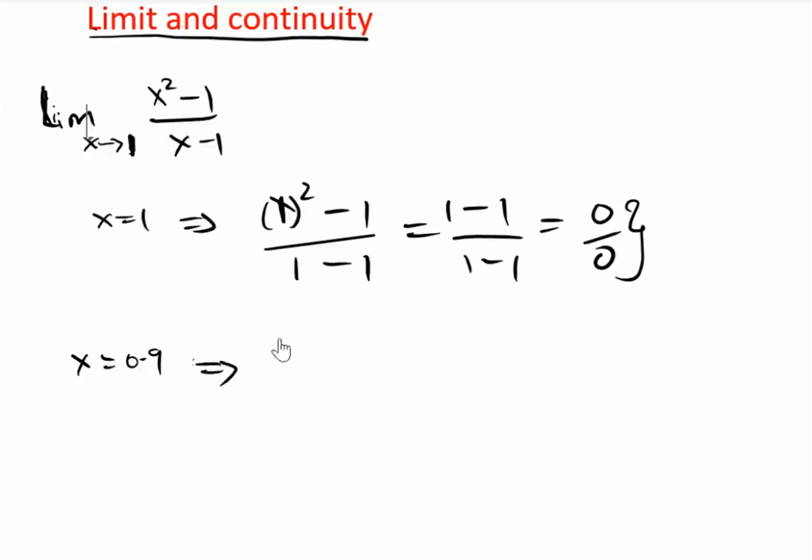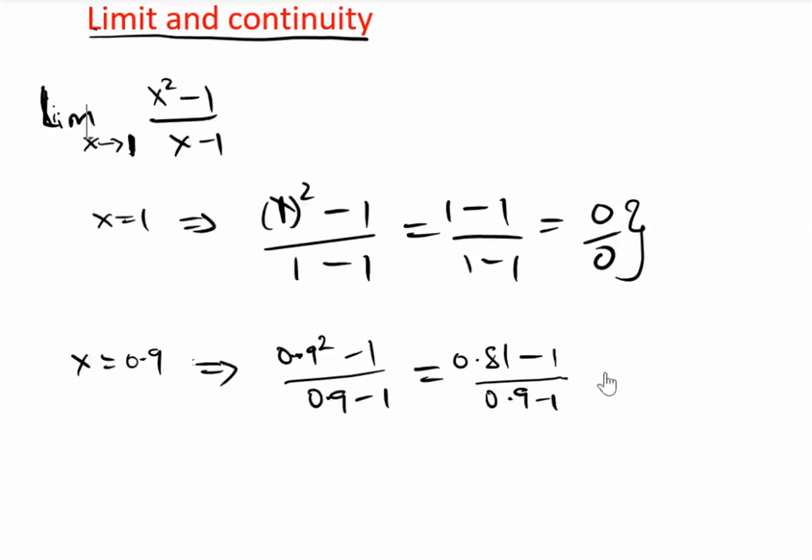This implies 0.9 squared minus 1 divided by 0.9 minus 1. 0.9 squared will give me 0.81, minus 1, divided by 0.9 minus 1. 0.81 minus 1 will give me minus 0.19, and 0.9 minus 1 is minus 0.1.